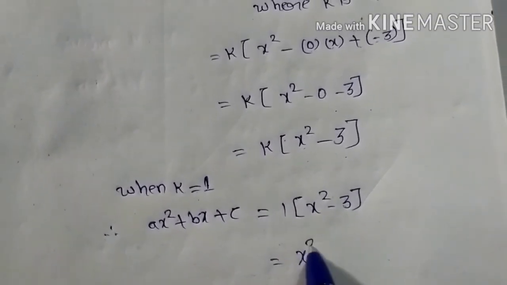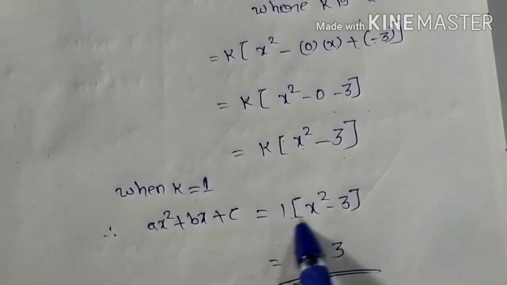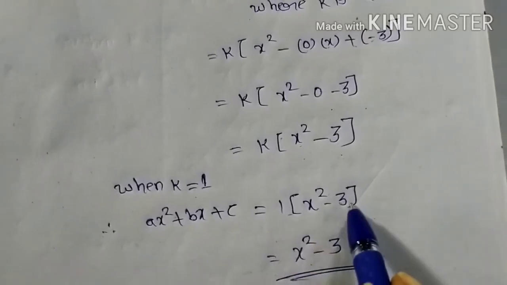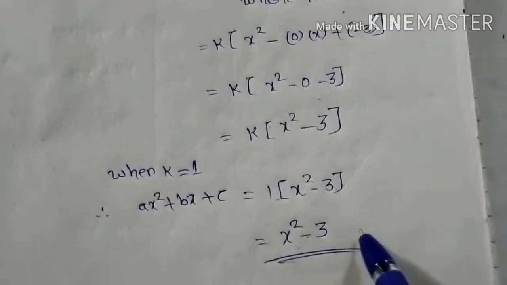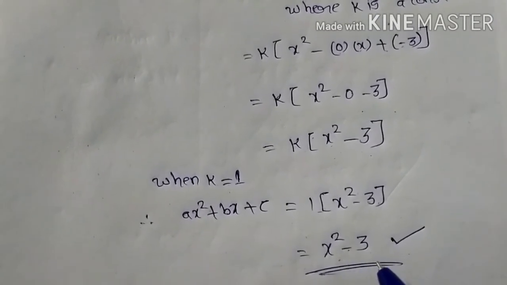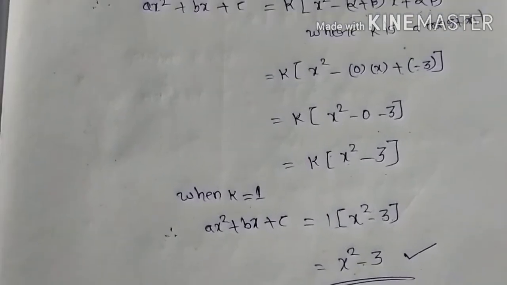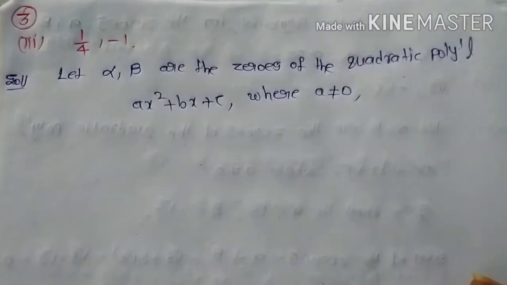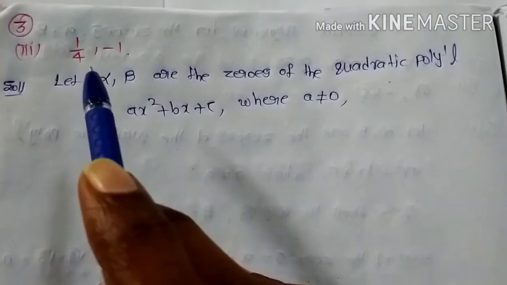That means you can write x square minus 3. 1 into x square only, 1 into 3, 3 only. You can write minus here. That means the required quadratic polynomial is how much? X square minus 3 is your solution. Now you can see one more problem.